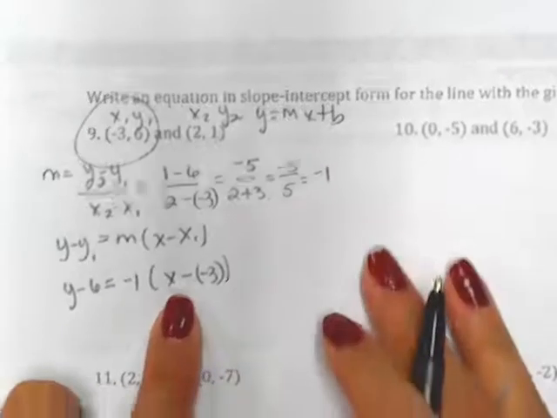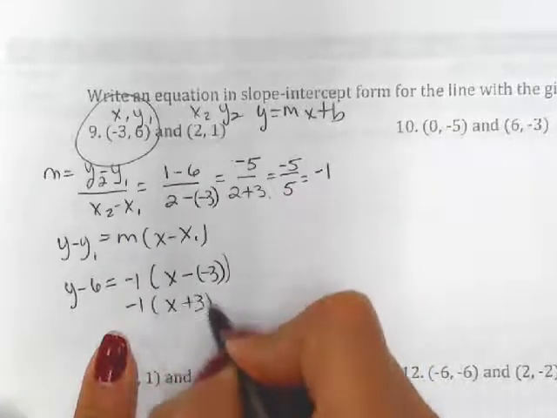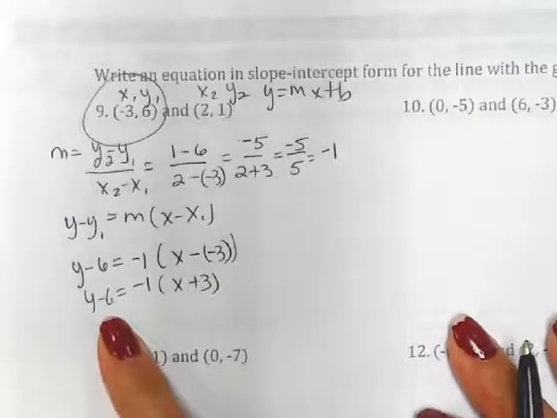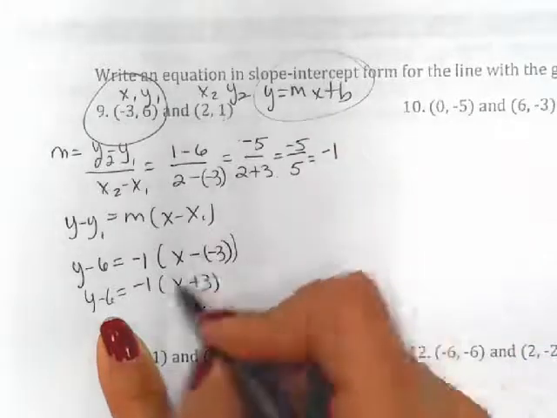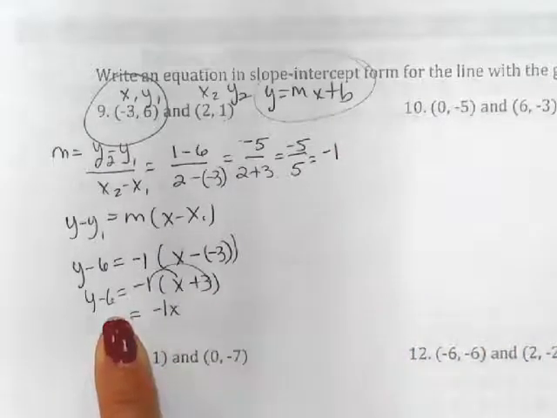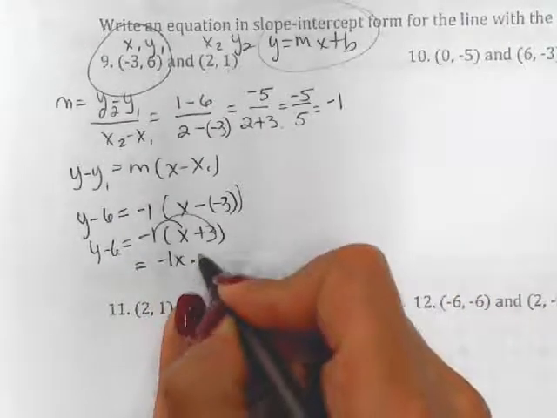Careful with those minus and negative. Before you start distributing, change that to a plus 3. And again, they want it in slope-intercept form, so I have to solve for y. So distribute the negative 1. Negative 1 times x is negative 1x. Negative 1 times 3 is negative 3.